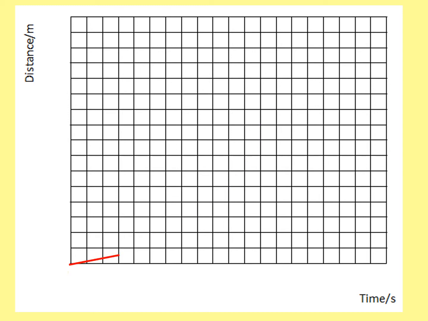Let's have a look at this one then. We've got another slow speed to start with. The next section gets a little bit faster, and the next section gets a little bit faster again, and faster again, and faster again.